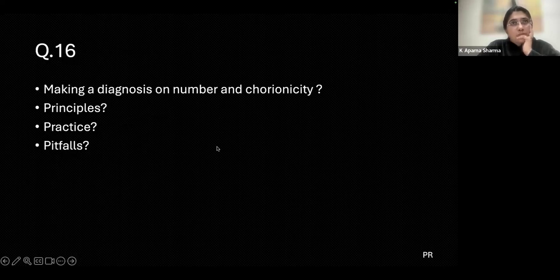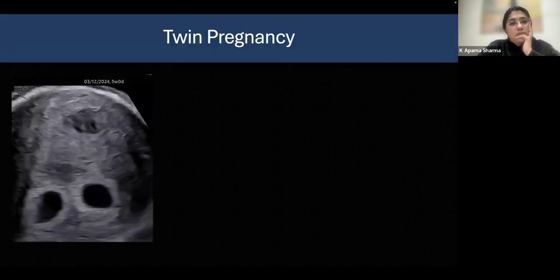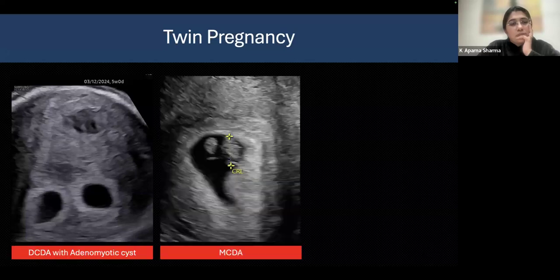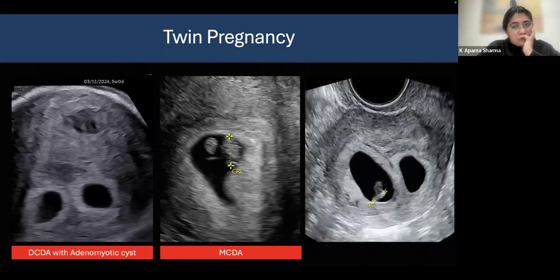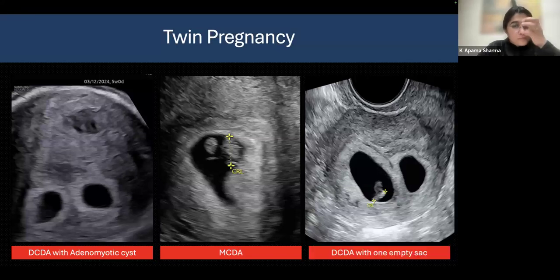When there is a single gestational sac containing two live fetuses, it is indicative of monochorionic twins. Whereas if there are two distinct separate gestational sacs, each having a separate live fetal pole, it suggests dichorionic twins.